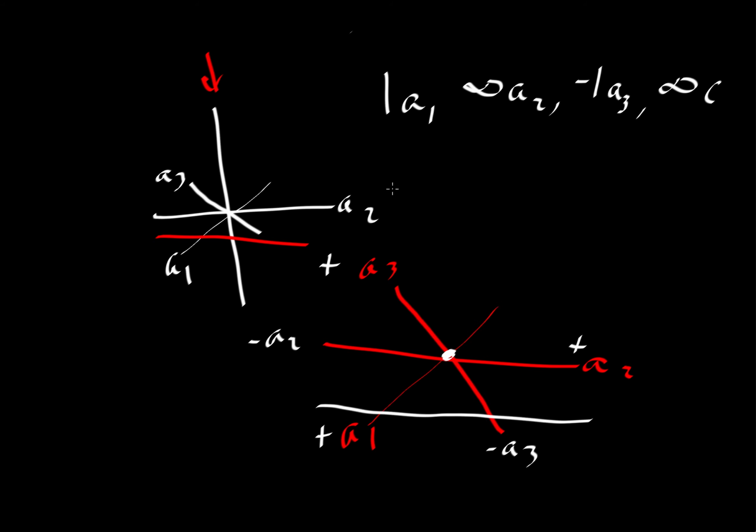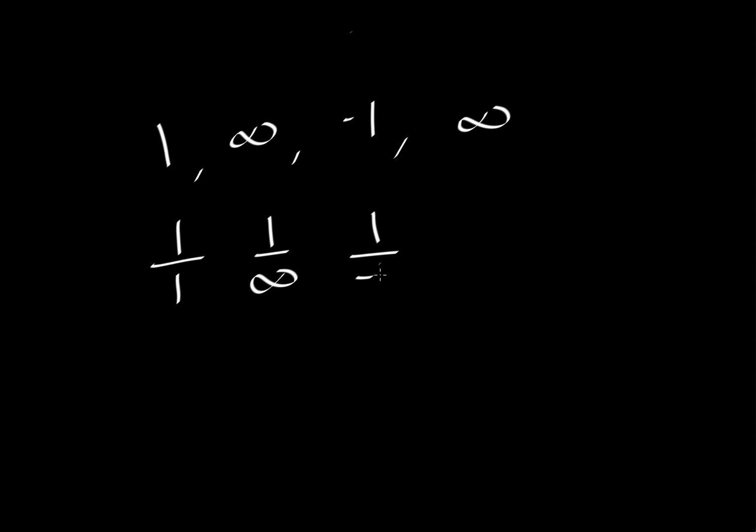So let's erase the chalkboard and give us a little more room. It's a 1, and then we had an infinity, and then we had a minus 1, and then another infinity for the intercepts of A1, A2, A3, and C. So if we invert these, then we get 1 over 1, 1 over infinity, 1 over minus 1, and then 1 over infinity again.